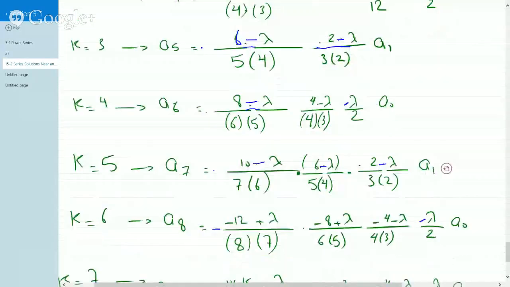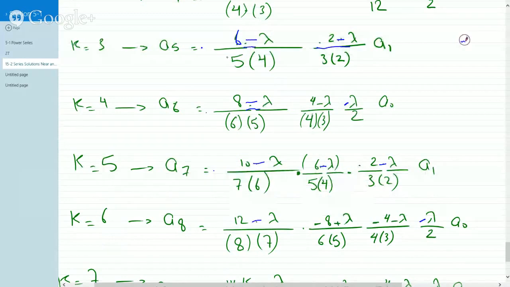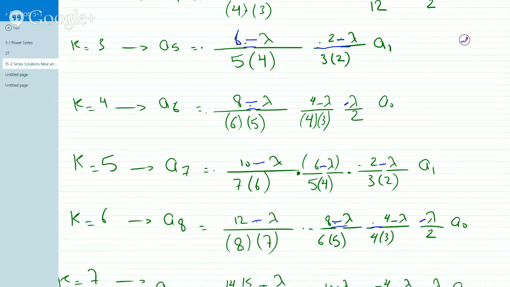And then down here, this became 12 minus lambda, and this is 8 minus lambda, and this is 4 minus lambda, and this is minus lambda over 2, okay, fair enough.